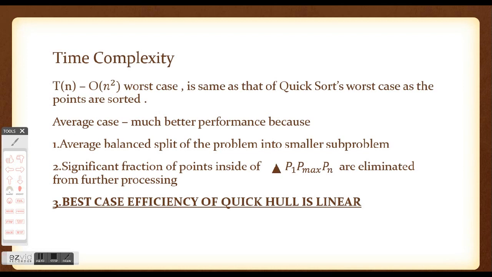One is the average balanced split of the problem into smaller sub problems, and also a number of points on the line P1 Pn and also interior to the triangle formed by P1, P max and Pn are eliminated from further processing. So this improves the performance of the algorithm when compared to the brute force technique. The best case efficiency of the quick hull algorithm belongs to big O of n, that is a linear time fashion, and it's much appreciable.